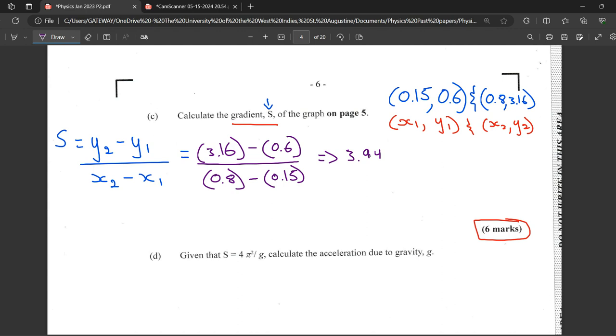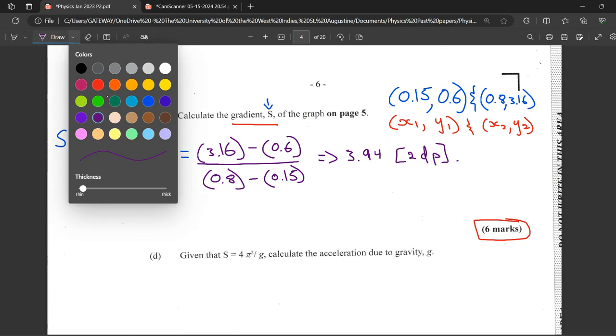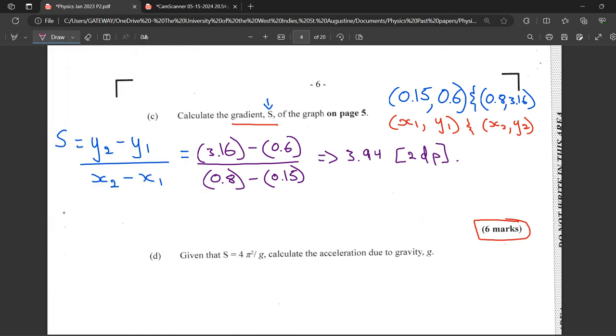If you round it off to the decimal place, it will be 3.94. Now, this is 6 marks, so I assume there were units too. So we put back S for the gradient. That is really given by the change in y all over the change in x. But what is on our y-axis?